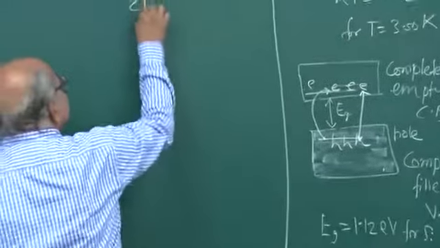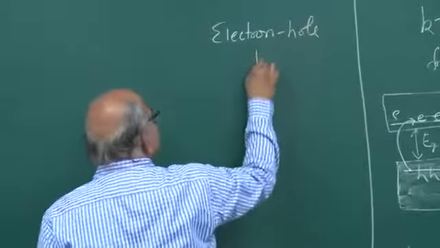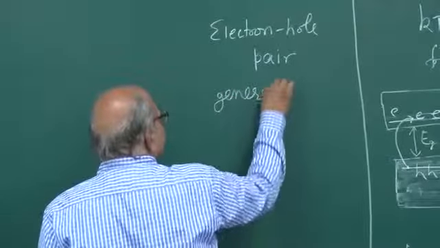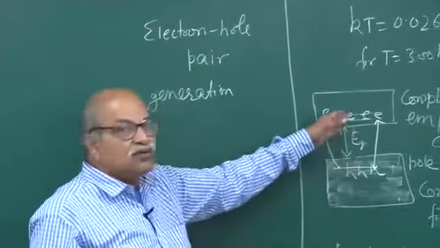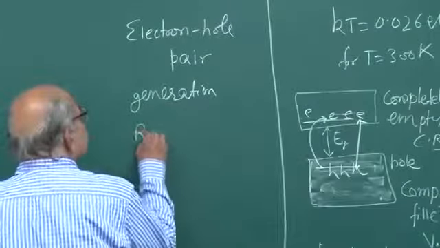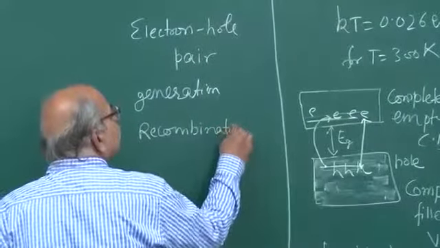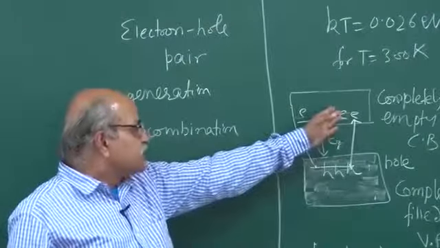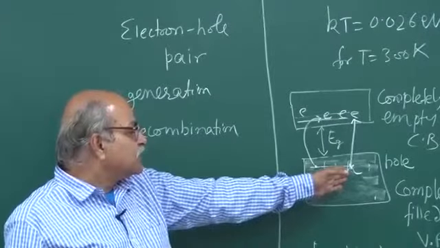So you have electron hole pair generation when a valence band electron takes up energy and goes to the conduction band, or you also have recombination when a conduction band electron reduces its energy and goes to the valence band and fills some empty quantum state there.